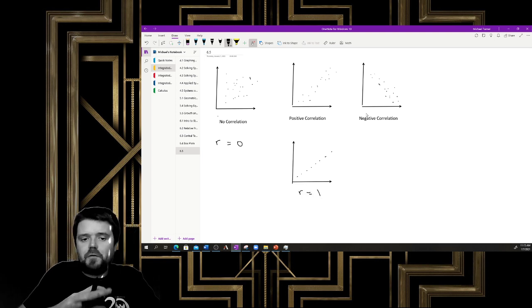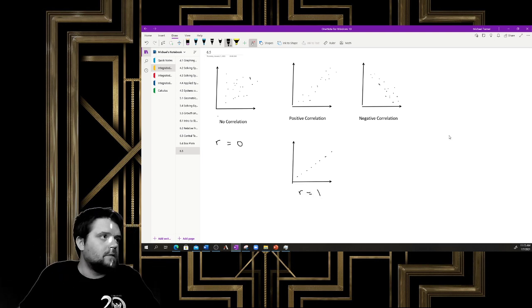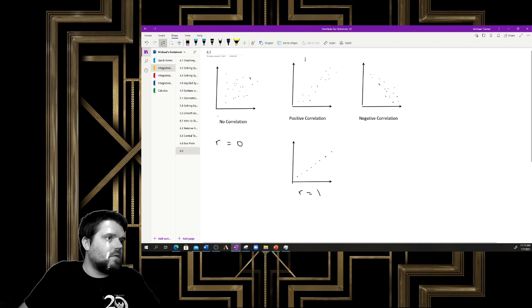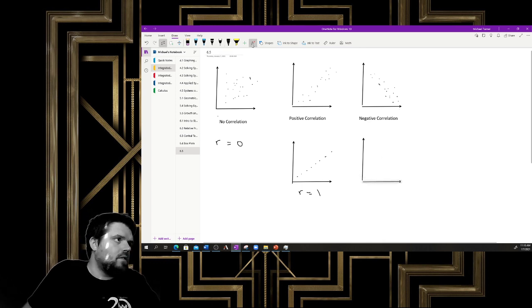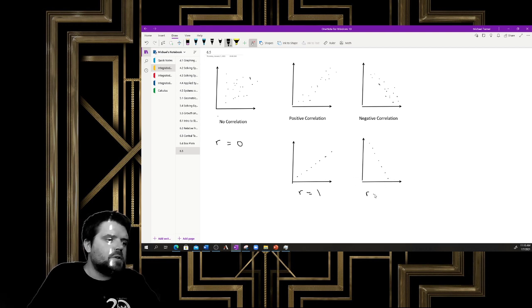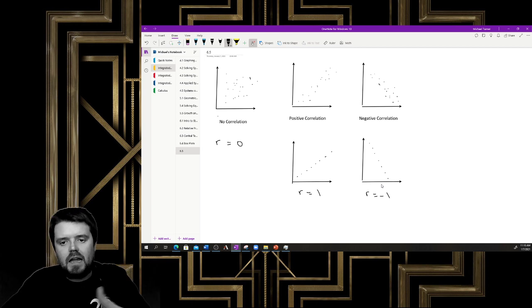It's a perfect positive relationship. And vice versa, if I could draw a straight line through the points and it was going straight down, or have a negative slope, then that would represent a correlation coefficient of -1.